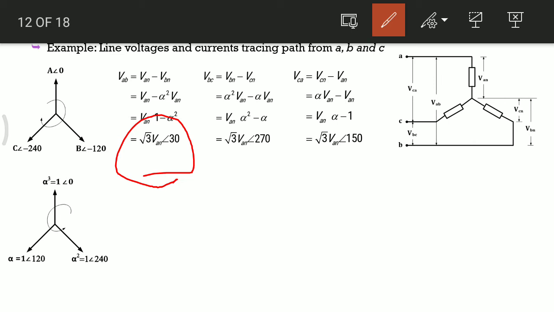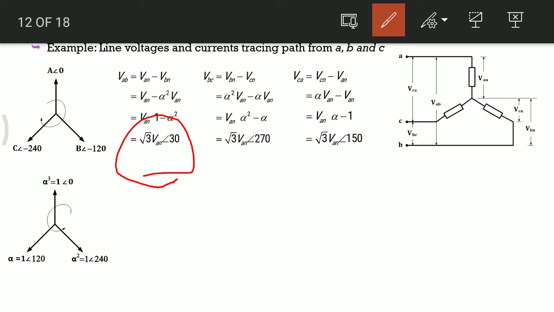We already know how to write VBN in the form of VAN, alpha square into VAN. For VCN, we only have to rotate once to get VCN in the form of VAN. So VCN is equal to alpha into VAN. Put both values in the equation, and we get alpha square minus alpha.